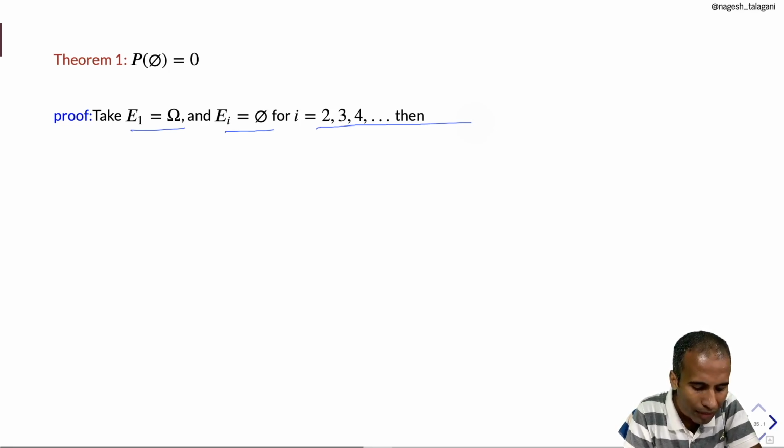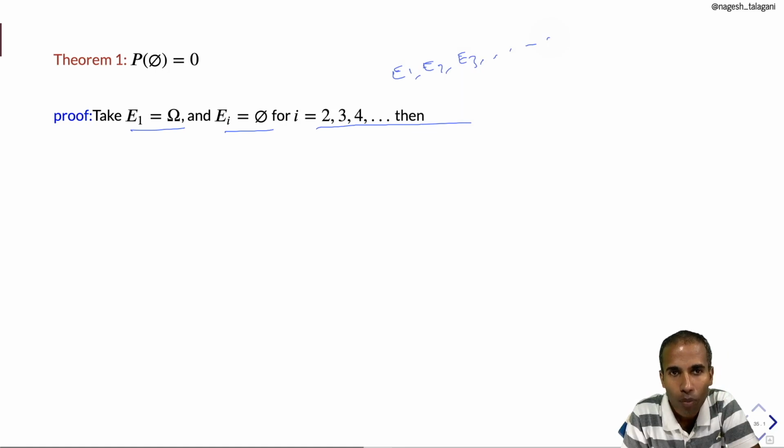Then this countable collection E1, E2, E3 and so on is going to form a mutually exclusive collection, right? Also, they are going to form a partition because E1 itself covers all of omega.